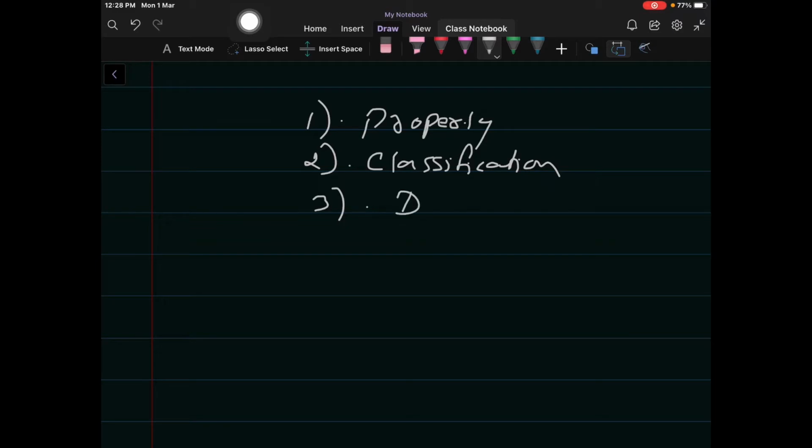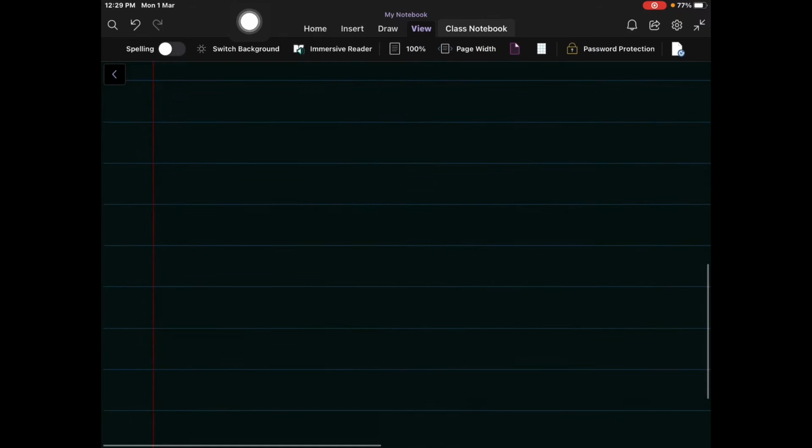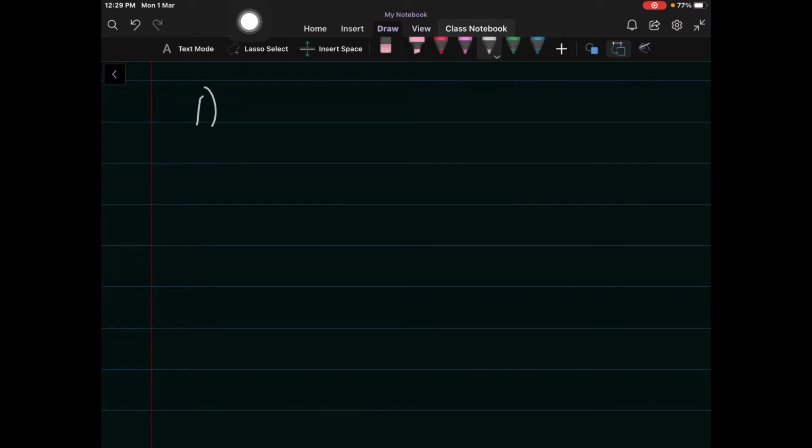Then the most important part, the diagnosis. And the last will be organ involvement. So let's get started with the first point, that is property.